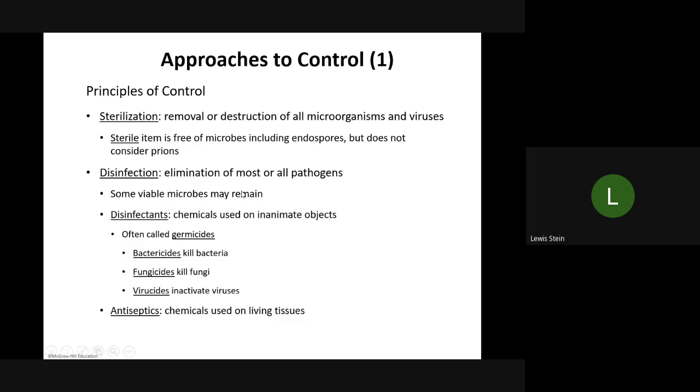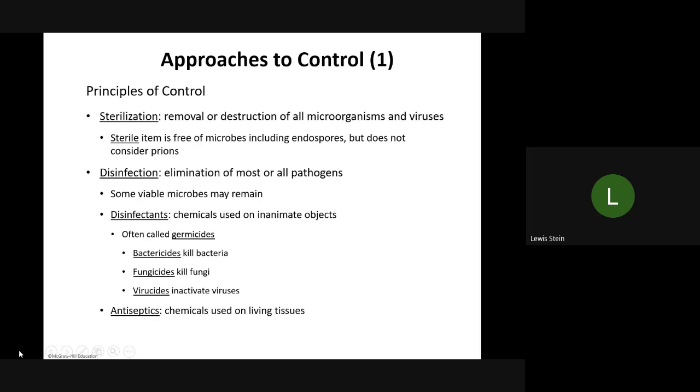That's a process called antisepsis. By definition, disinfectants are used on inanimate objects. Antiseptics are used on living tissue. If you want to sterilize living tissue, you have to make it dead tissue first, which is sort of counterproductive. So disinfectants are chemicals used on inanimate objects. Another term we utilize is germicides, because in the old days, everything was a germ.